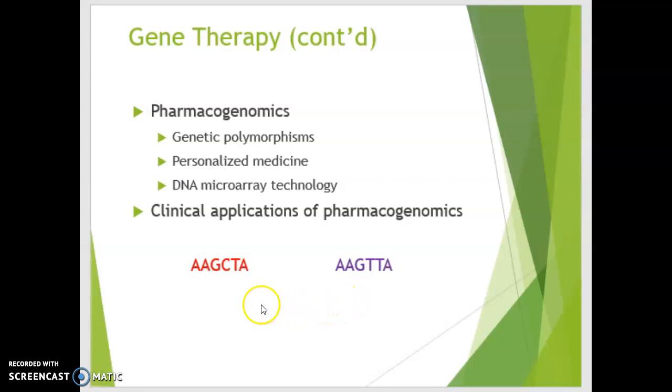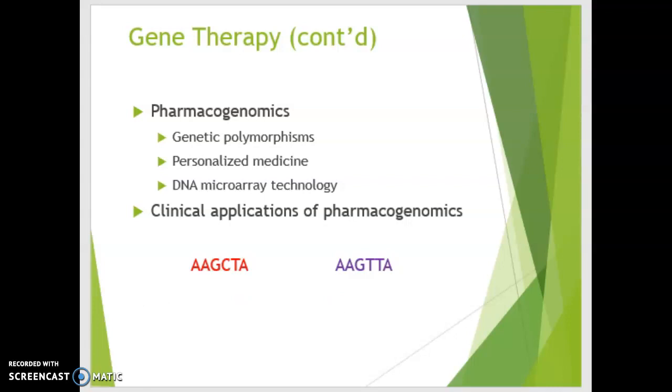Poor metabolizers may lack the ability to make a functional enzyme. Intermediates may carry a defective gene. Extensive metabolizers usually carry two functional alleles, whereas ultrametabolizers may carry multiple copies of the gene, thus producing more enzyme than a single or even two functional alleles could do.